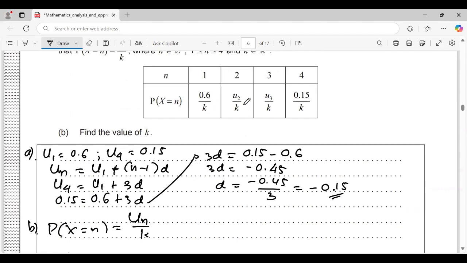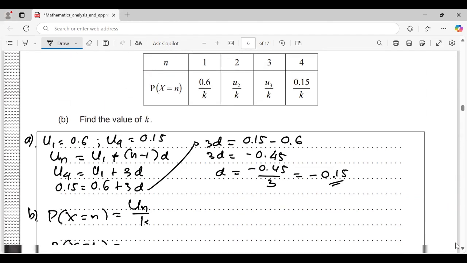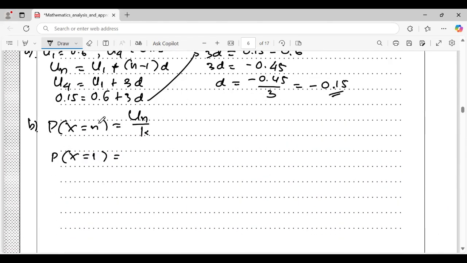If x equal 2, it means u second divided by k.